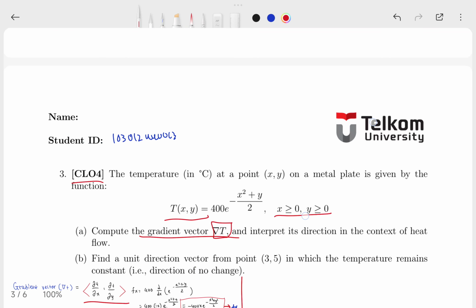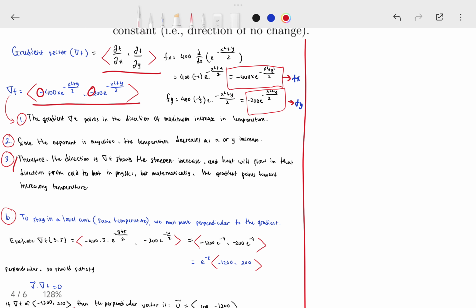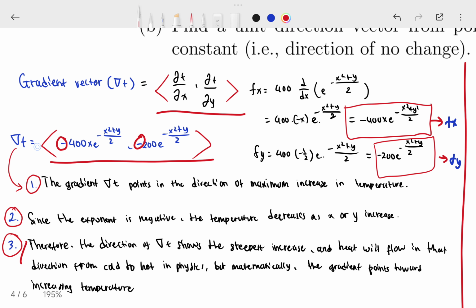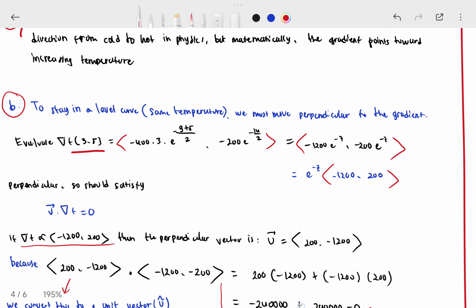So we're going to part B. Find a unit direction vector from point (3, 5) in which the temperature remains constant. All we have to do is evaluate the gradient at (3, 5). We got the gradient of f, and then we just input x as 3 and y as 5.